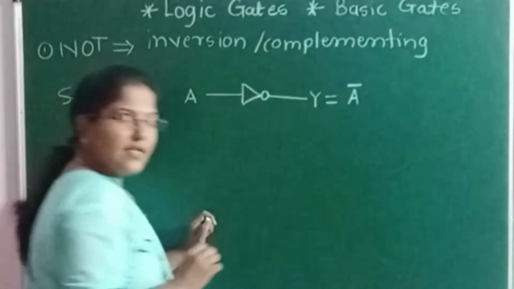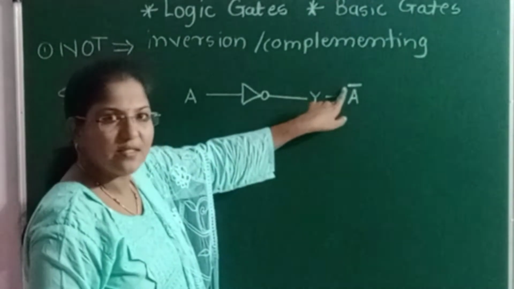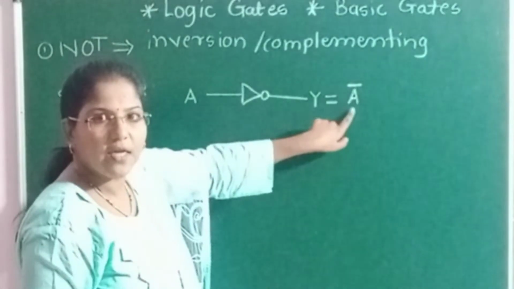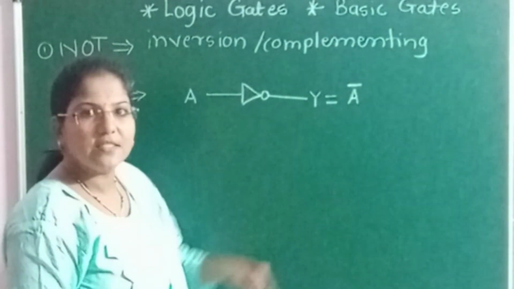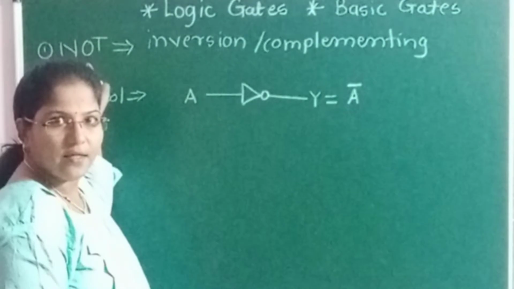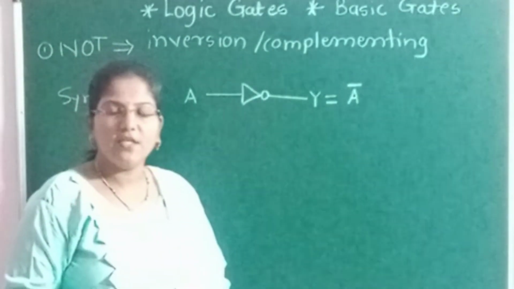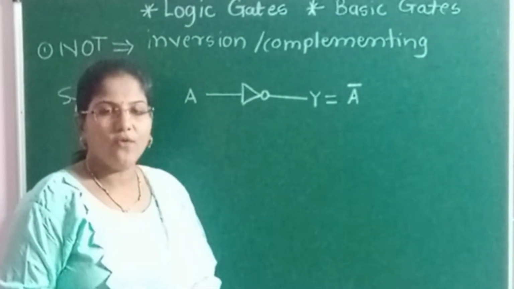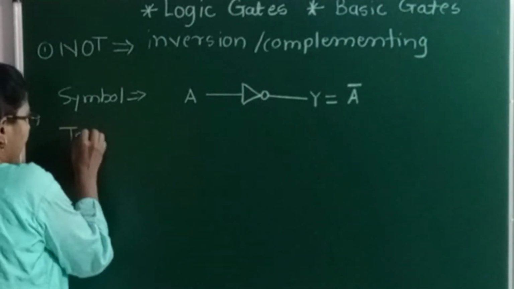So to represent the complement I have to write a bar, that is a simple slanting line over the input letter A. So Y equal to A bar, this is the Boolean expression of the NOT gate. What is the use of Boolean expression? Boolean expression is used to find out the output of any gate. Now the next thing about the NOT gate is the truth table.